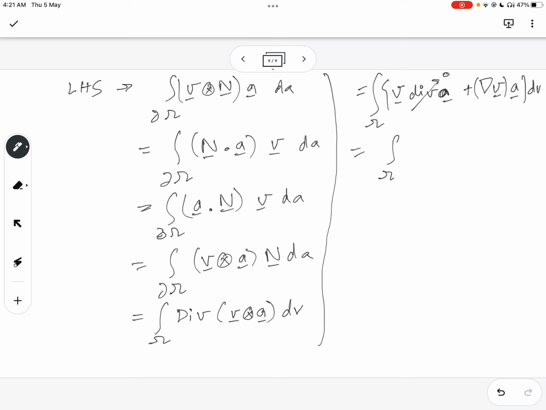Therefore, the left hand side becomes the integral of del v acting on a dV. This is equal to the right hand side.